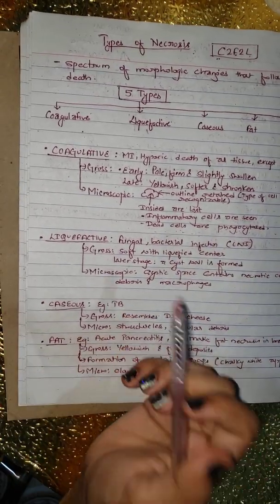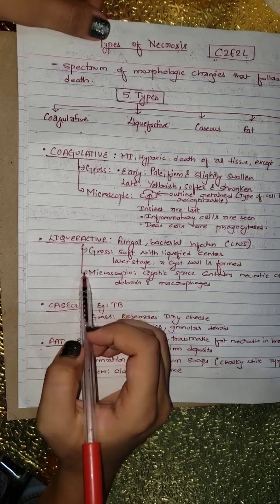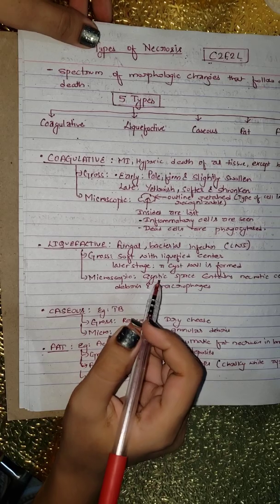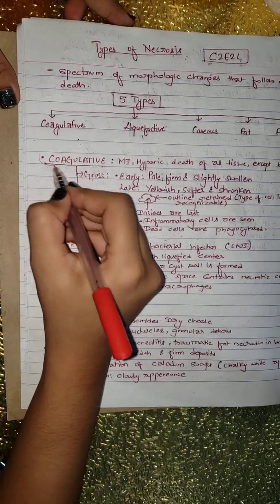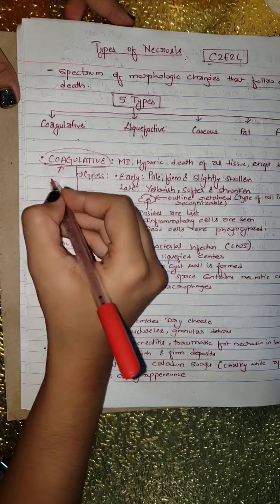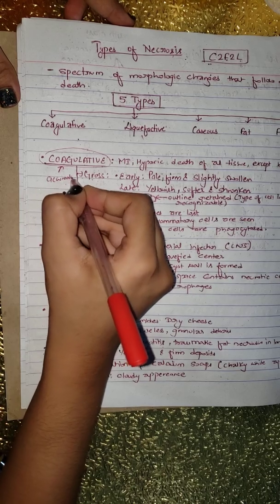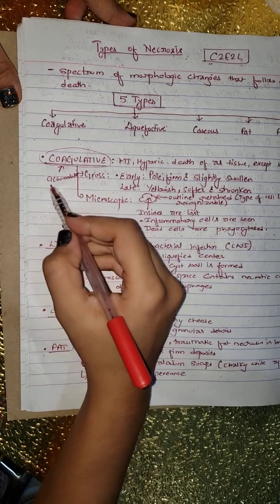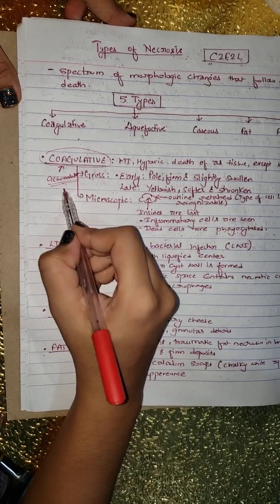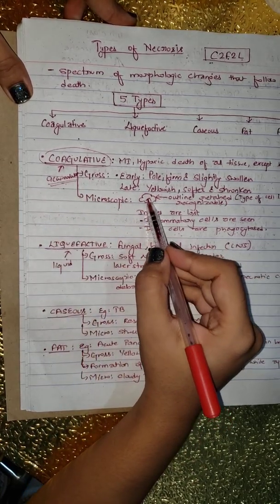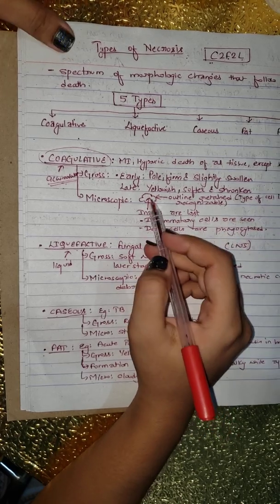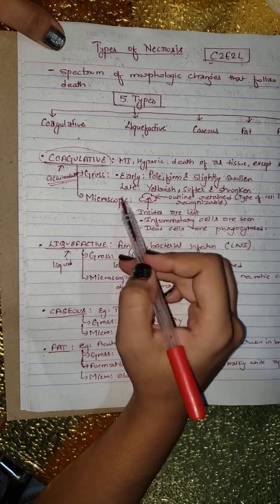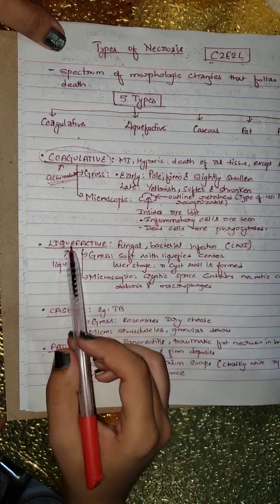Now the second kind of necrosis is liquefactive. So what happens in liquefactive? Coagulation means accumulation, liquefactive means liquid. If we remember coagulative is accumulation, we can easily remember that insides of cell are lost because they are all accumulated with each other, but the outside is retained.